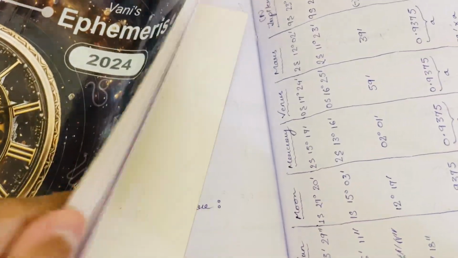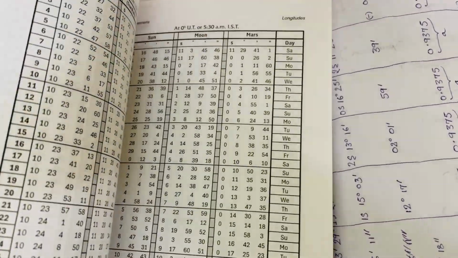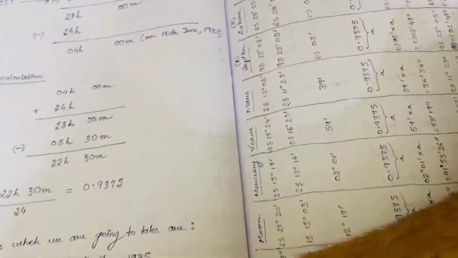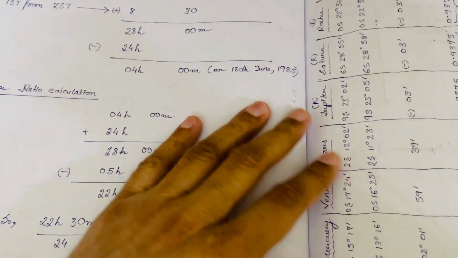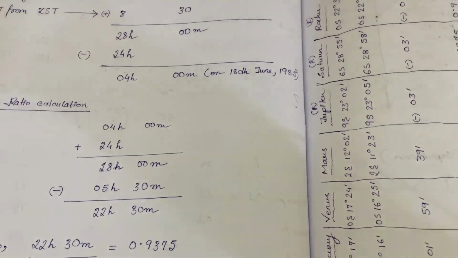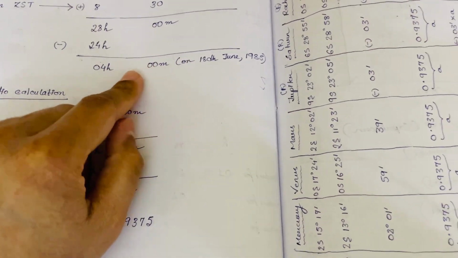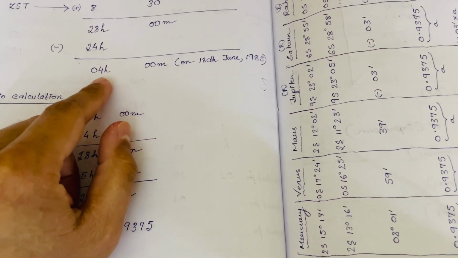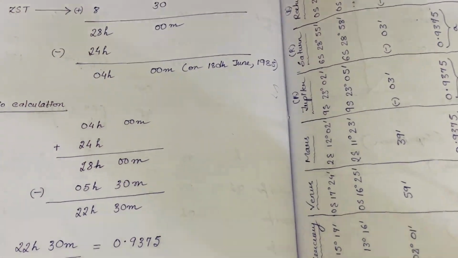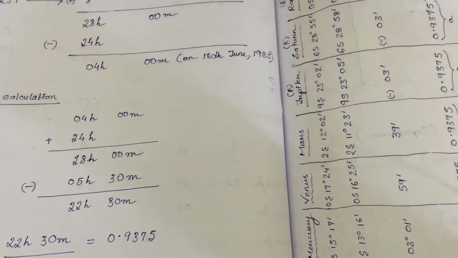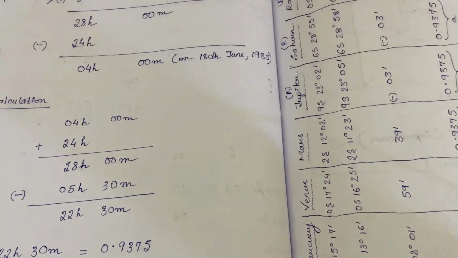All of these values that you see in the tables are at 5:30 a.m. IST. So IST times, and the corresponding IST dates, are what we need to consider. Now, as the time of birth here, 4 hours, is less than 5 hours 30 minutes, it means we are taking 1 day before.